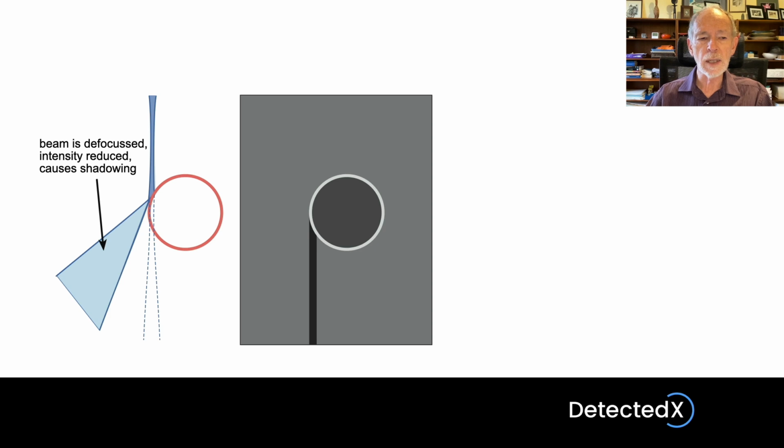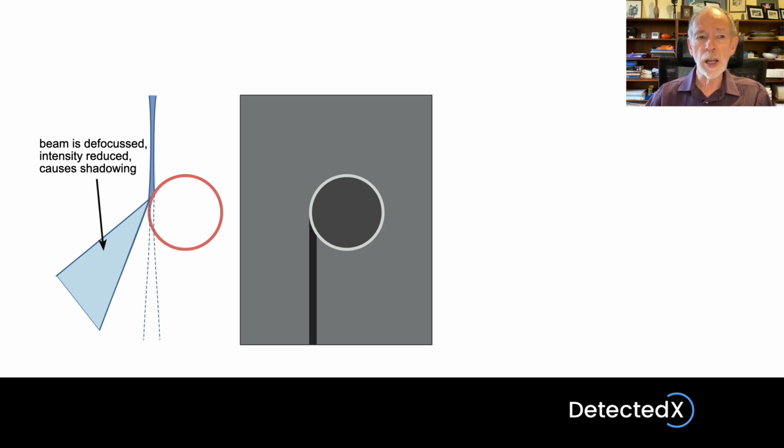It's spreading out, it's becoming wider, and this automatically means that the intensity in the beam reduces dramatically because the same amount of ultrasound energy is being spread over a bigger beam, and therefore it's more diffuse. The intensity is lower. Lower intensity means that the echoes coming from that region where the arrow is pointing will be lower as well, hence the shadow.